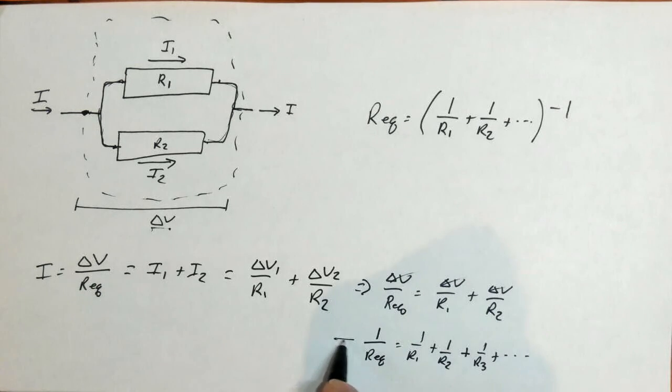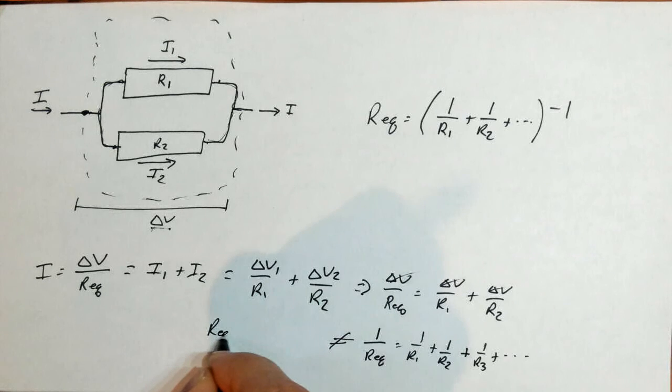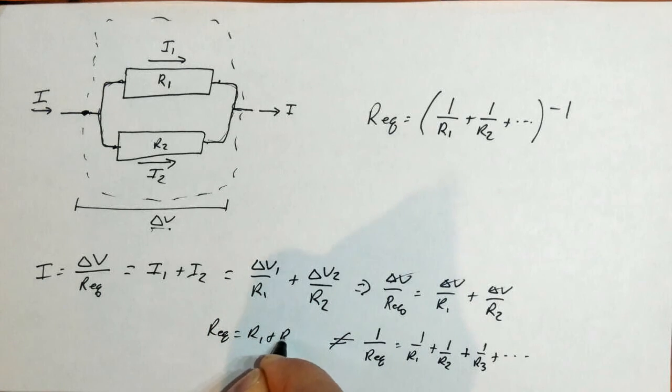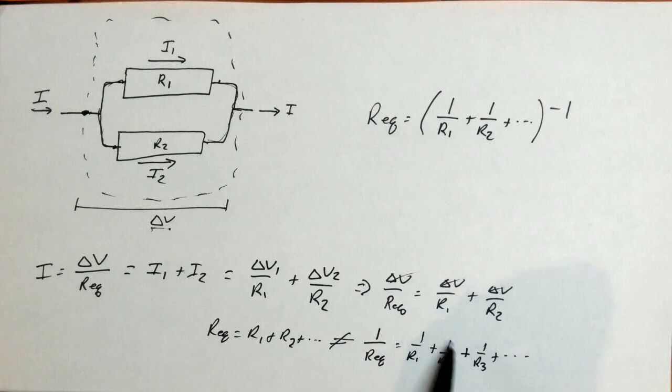This does not equal R equivalent equals R1 plus R2 plus ... Okay? Since these are in denominators, we have to treat this sum separately. We can do some playing around if we want to, but we've got to do our proper algebra to see if we can simplify this. But don't just accidentally try and add those denominators together.